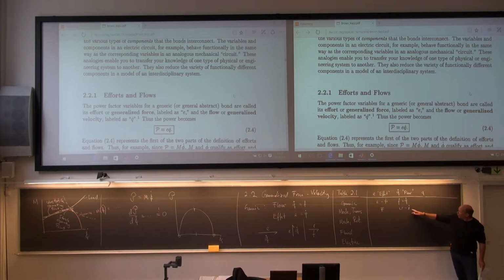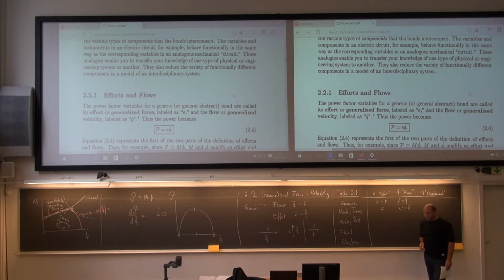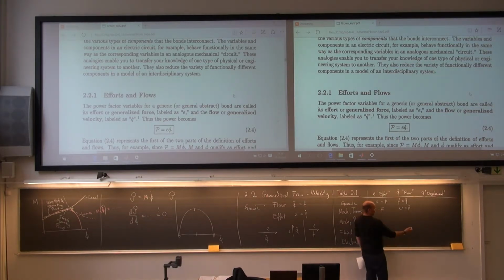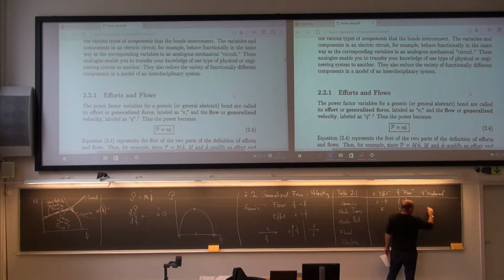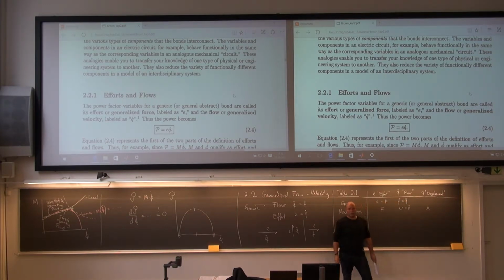Meaning, what will q be if q dot here is the velocity? Well, that's just the x. So in this one, we have to call it displacement. So for mechanical systems, the q alone, the time integration of this, will just be position x. Okay?